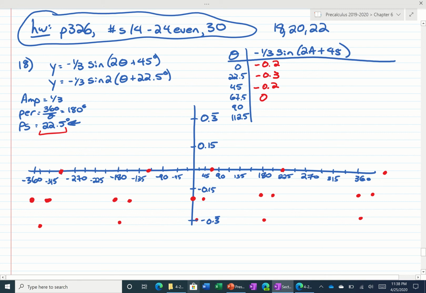All right, so it looks like we kind of have an idea of what the graph's going to look like. If we store 90, we get 0.2. I mean, we don't have to go super crazy here. For 112.5, let's just see what that is. It's going to be 0.3. Looks like the graph looks something like this.